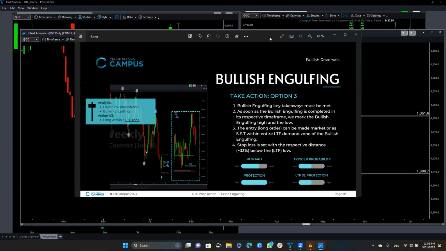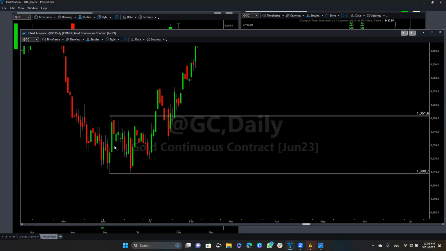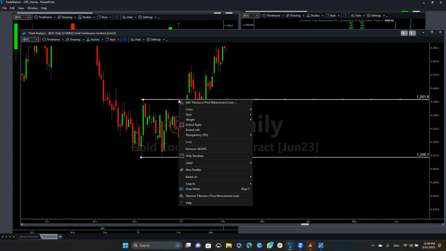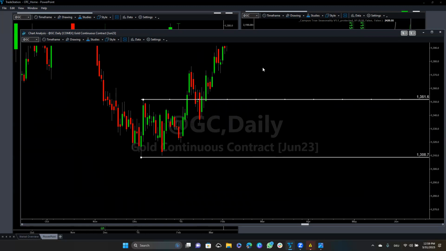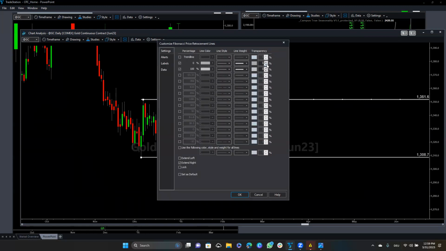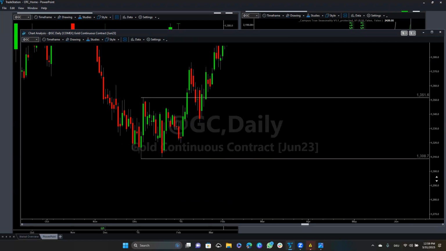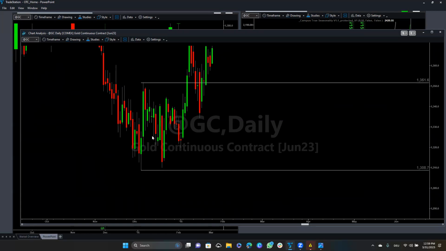Let's check this one. Okay, this is the bullish engulfing. And let's check where our next demand is. Let me draw it. I want to change this one a little bit. Transparency 55. So where's my next demand here, for example, on daily?